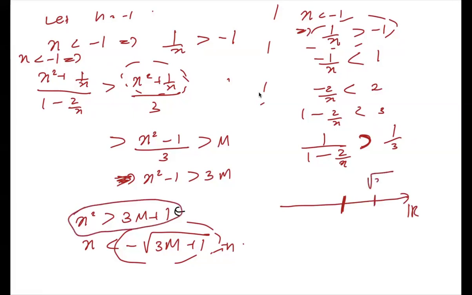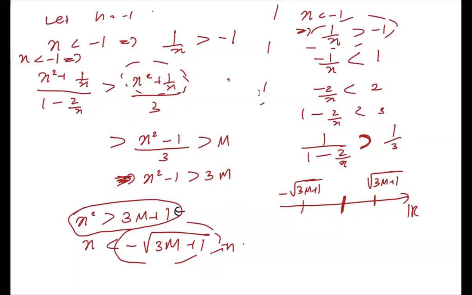So if you take the positive square root of 3m plus 1 and the negative square root of 3m plus 1, if your x is in this area or this area, its square is going to be larger than this one. So that's how I got this square root value. But since I need the negative value, I consider this part, not this part. Is it clear?